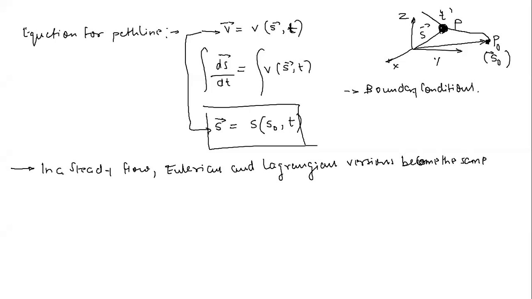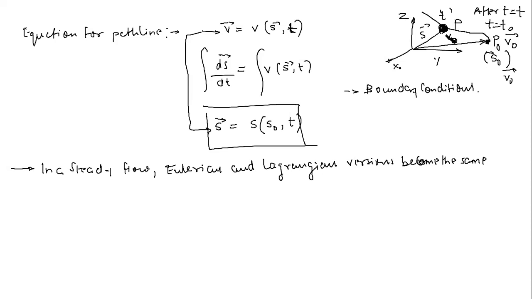So if I take a point p naught, let's say here, somewhere from where the particle started its journey, at that point also the velocity vector was v naught, at some time t equal to t naught. And at this point, after time t, the velocity vector at the same point is again v naught vector.